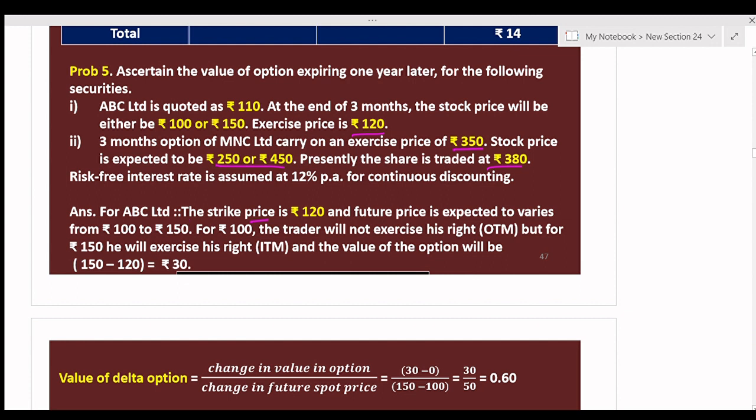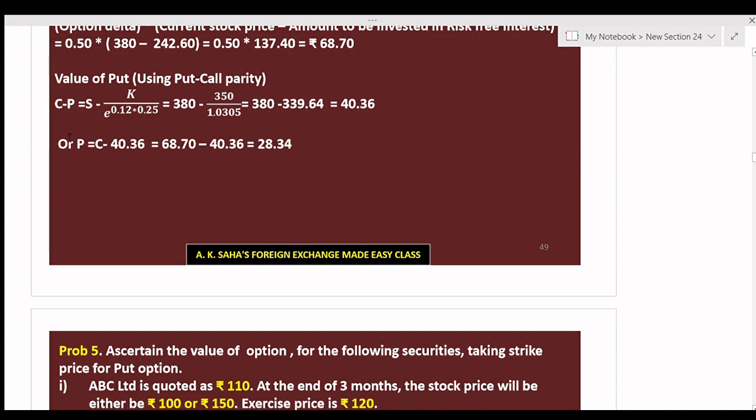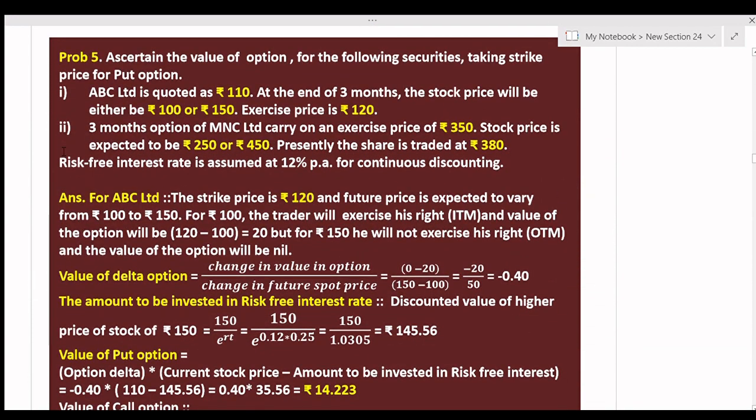Now I change this, that is, it is converted to a put option. The exercise price is 120 for the put option. Other data remain the same. Now I solve the problem. Ascertain the value of option for the following securities taking strike price for put option. ABC Limited is quoted at rupees 110.